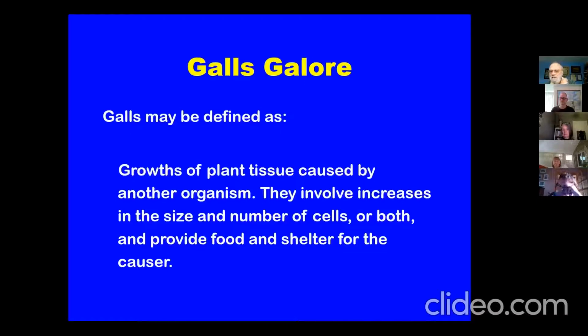So there's no increase in tissue and there's no increase in cells. And they're excavating their own mines to live in. The mines, just as galls do, provide a feeding place, and the galls provide food as well, and shelter for the insect inside. Not that that shelter is always very effective, as you will see shortly.